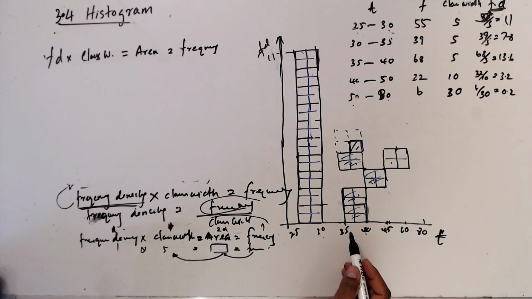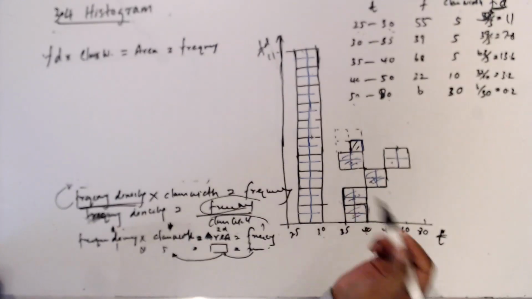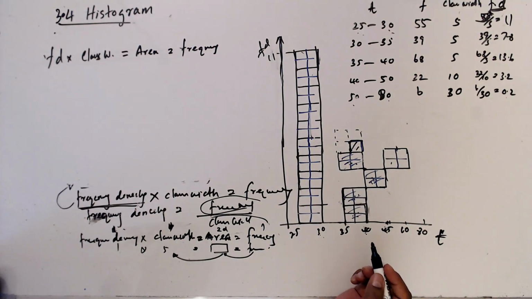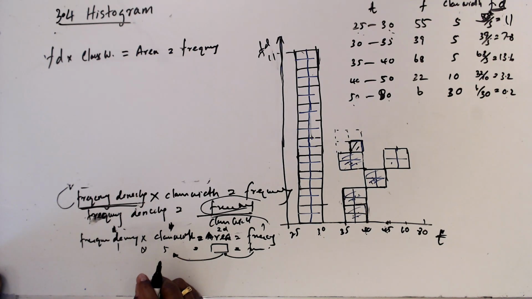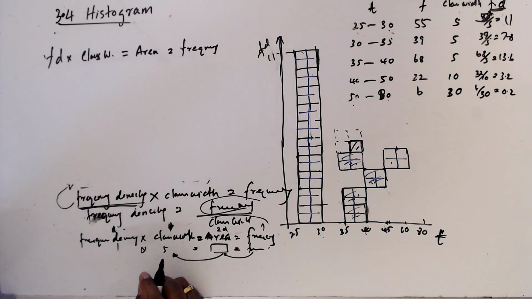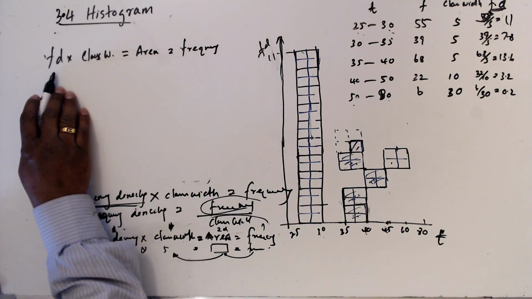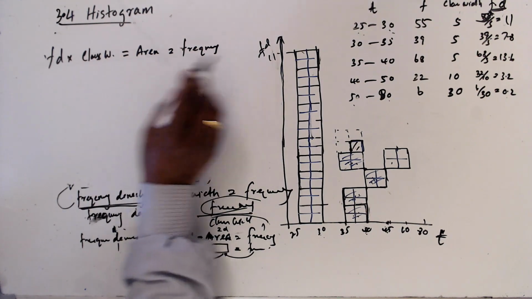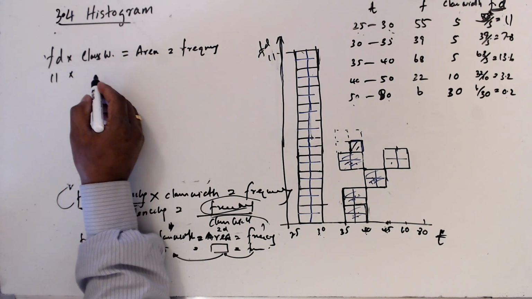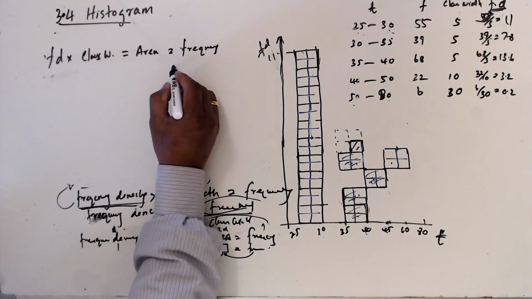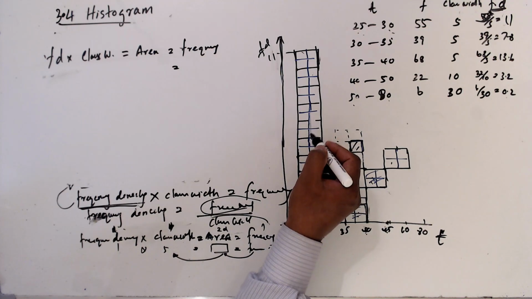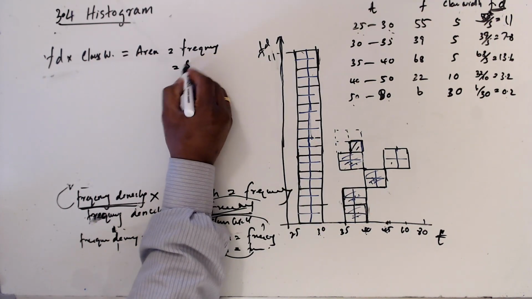Now that big boxes doesn't work here. Now only small boxes work because there is one small box here. Frequency density is 11 here. We know that this implies 55.